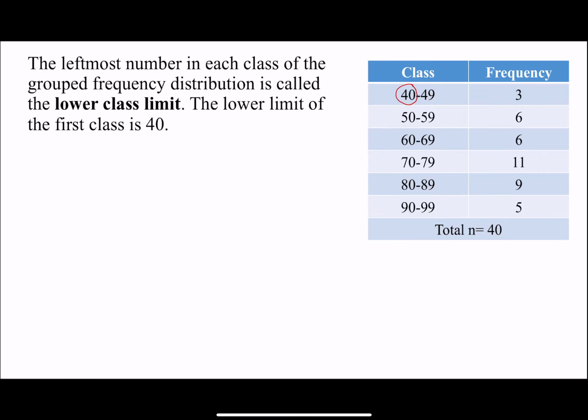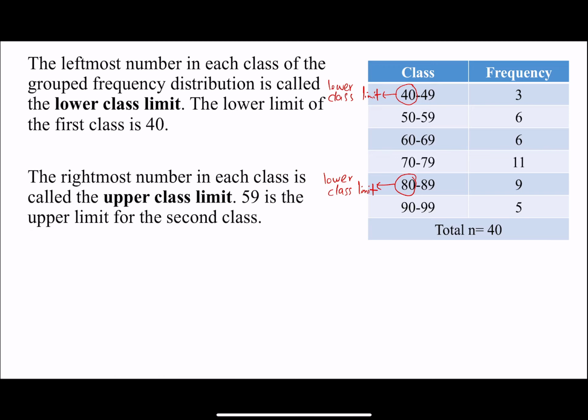So 40 is called the lower class limit. If I look at the class of, let's say, 80 to 89, 80 is the lower class limit.